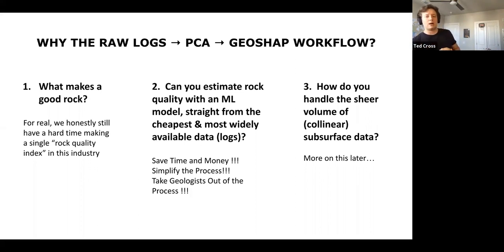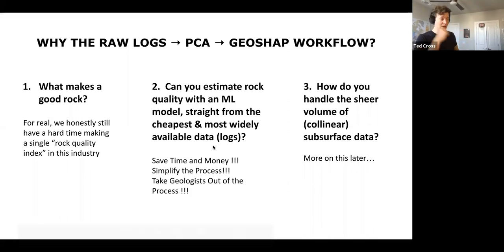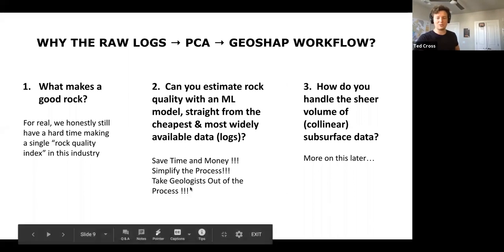Second, a question we sometimes pose, or people pose to us: can you estimate rock quality, or build a machine learning model, straight from the cheapest and most widely available data, which is logs? You save time and money, you simplify the process, and you take geologists out of the process, which engineers love to do. John and I talked with a couple of engineers yesterday who were bragging about how they had done that for some of their own internal workflows.